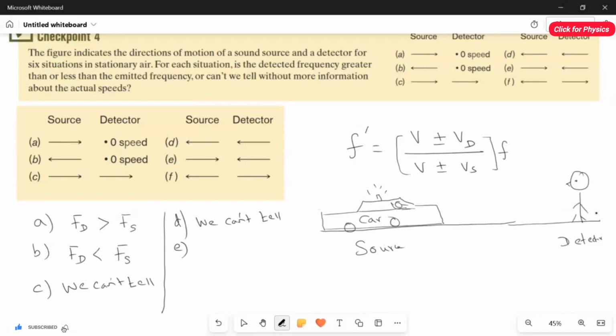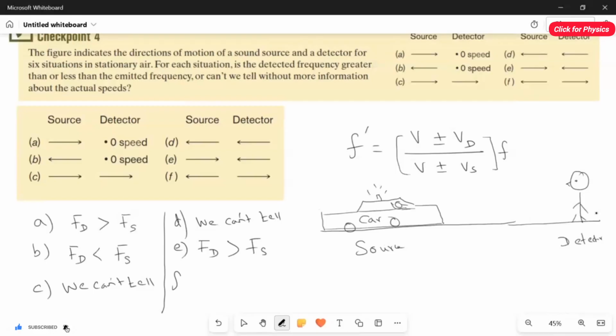Let's come to part E. Now you can see the source is moving in the right direction and the detector is moving in the left direction. That means they are moving toward each other, so the frequency detected by the detector will be greater than the frequency emitted from the source. Clear?